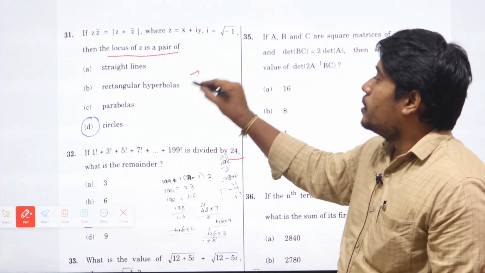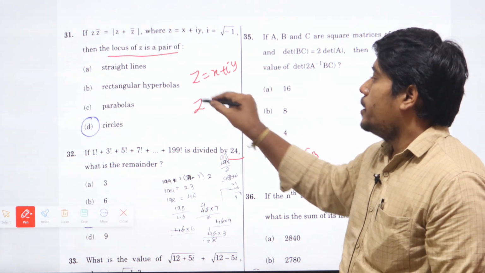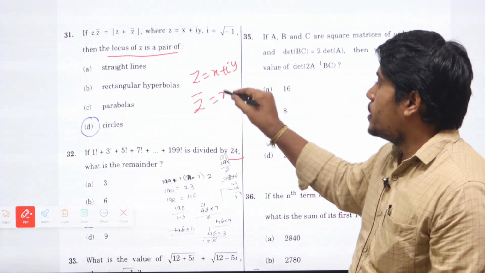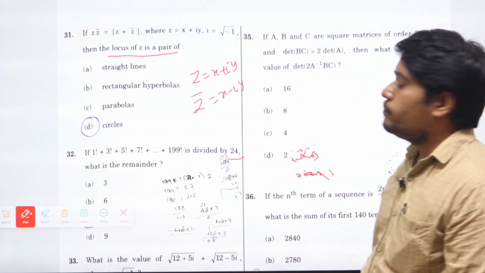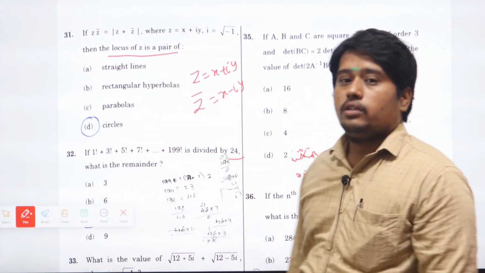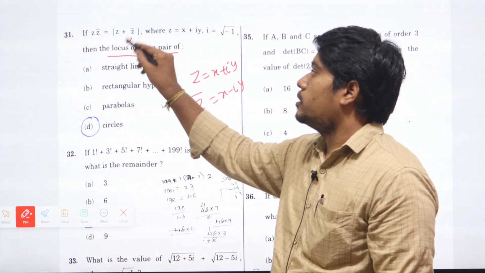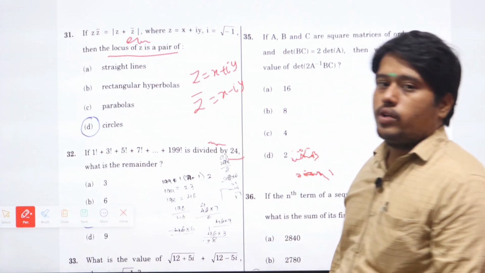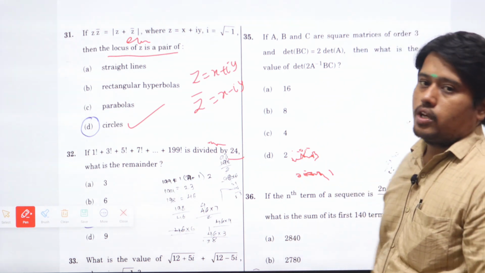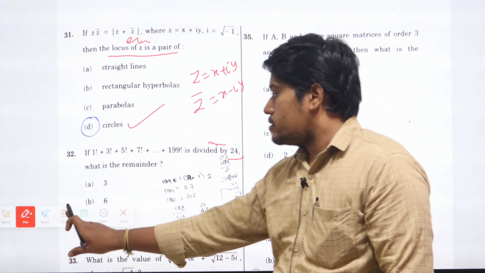Suppose z is the complex number x plus iy, its conjugate z bar is x minus iy. Using the conditions, the locus is the equation of a circle. So option D is the right answer.